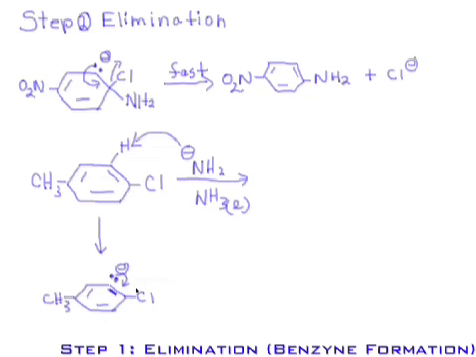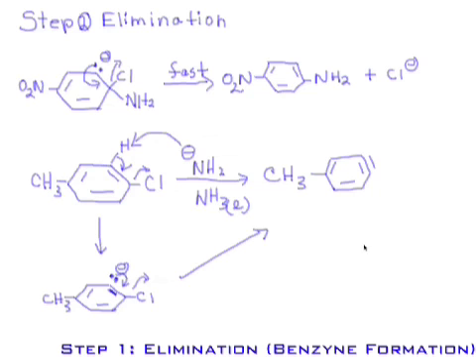And the chloride, being a good leaving group, will leave really quickly, taking the Cl-. And so what happens is you get an intermediate that looks like this. What is that?